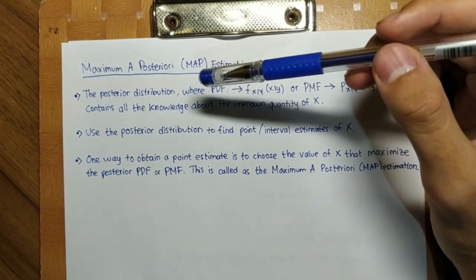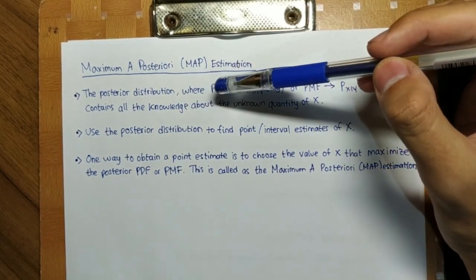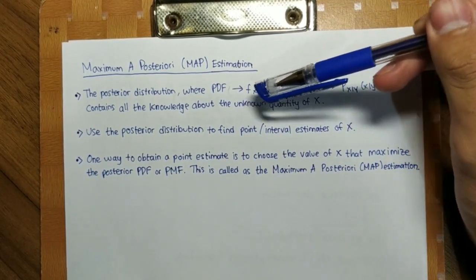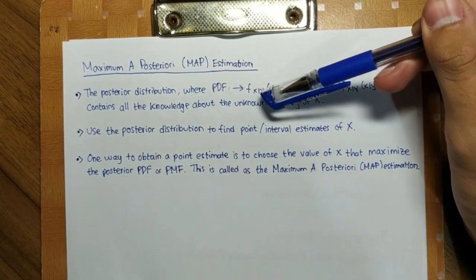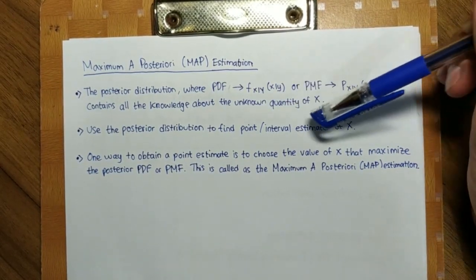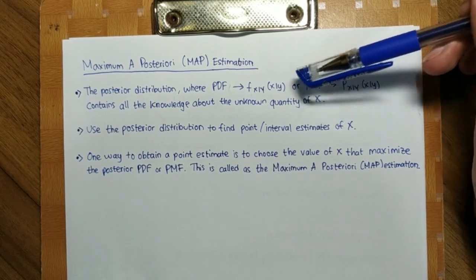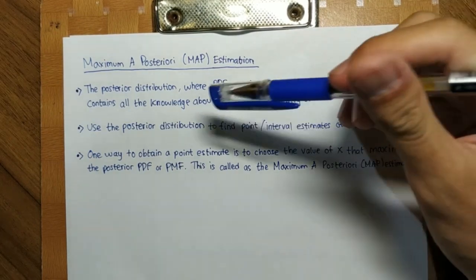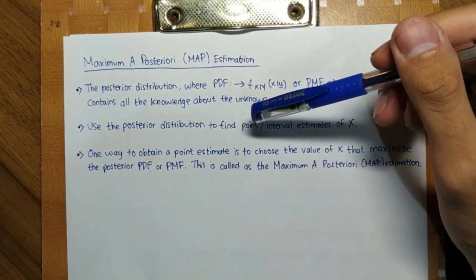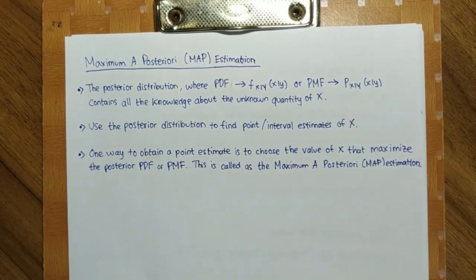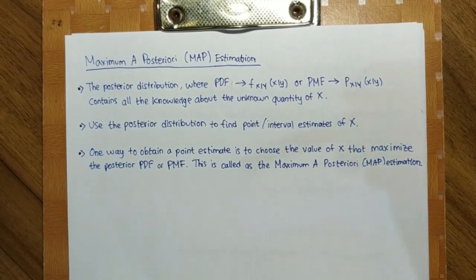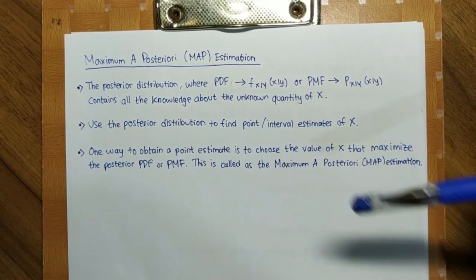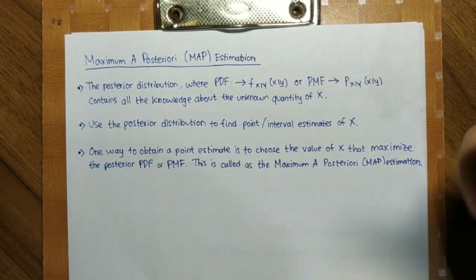As we know, the posterior distribution, where the probability density function or PDF, which is the function of x given y, or the probability mass function or PMF, which is the probability of x given y, contains all the knowledge about the unknown quantity of x. Therefore, we can use the posterior distribution to find the point or interval estimate of x.